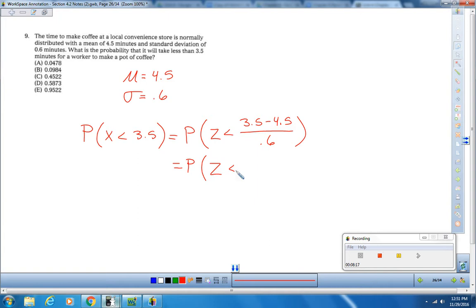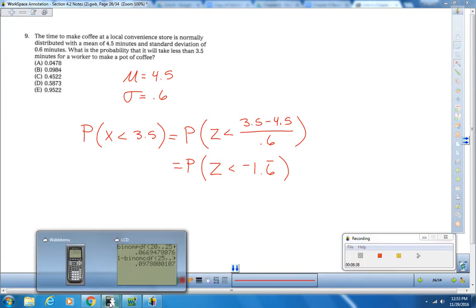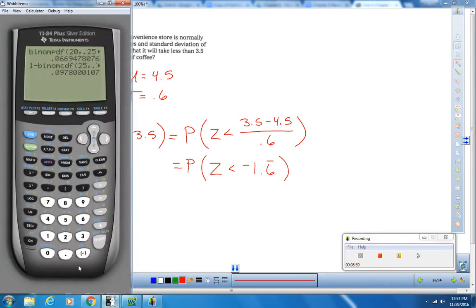Negative 1 divided by 0.6. So I get negative 1.6 repeating. So when I go to plug this in, I don't have to get too precise. This is multiple choice. I'm just going to have to get the answer that's the closest. And remember, when we plug this in, it is normal CDF. Since it's less than, my lower boundary is negative 9s.